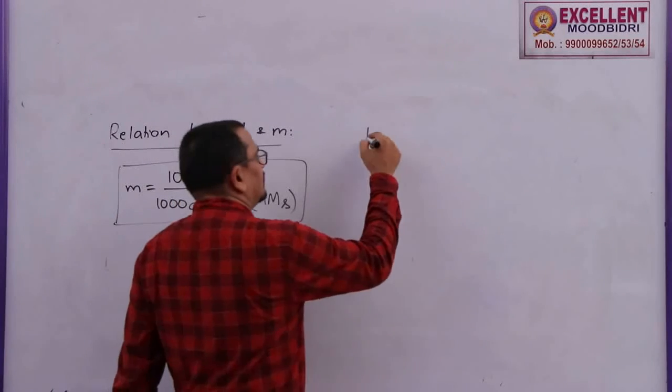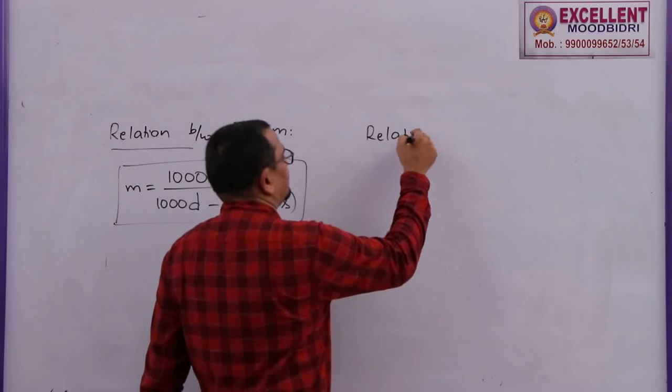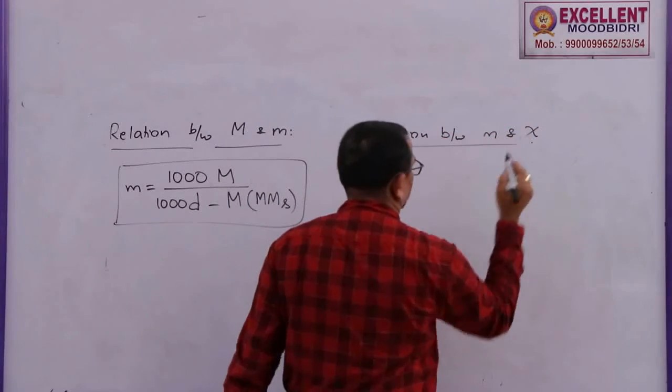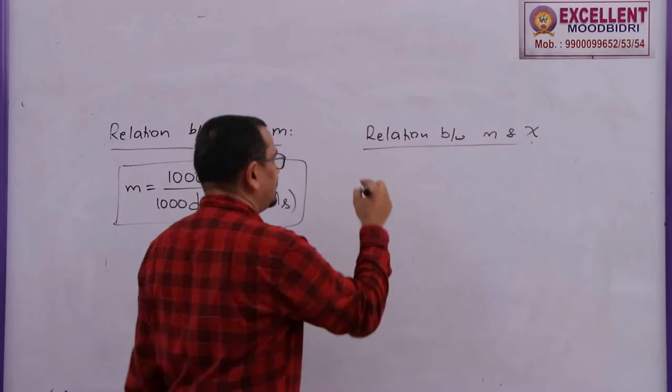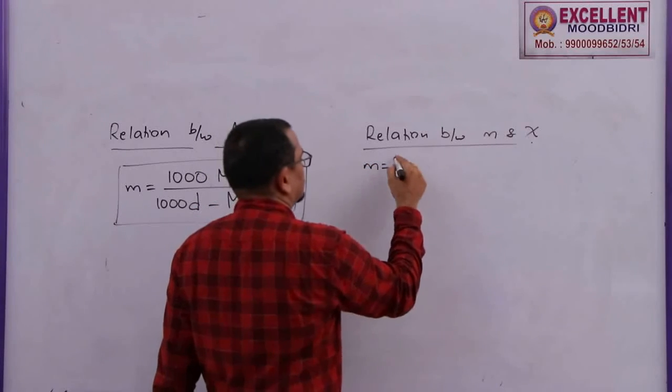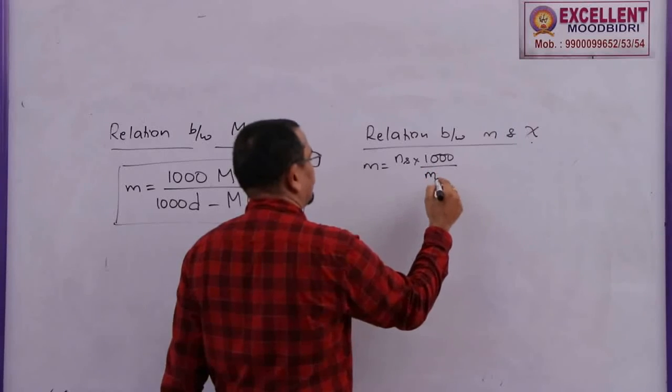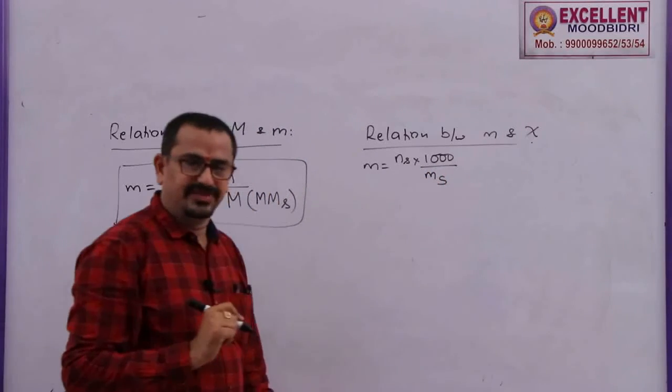Similarly, we have another relation, between molality and mole fraction. We have molality as the number of moles of solute into 1000 by mass of solvent in grams. Right.